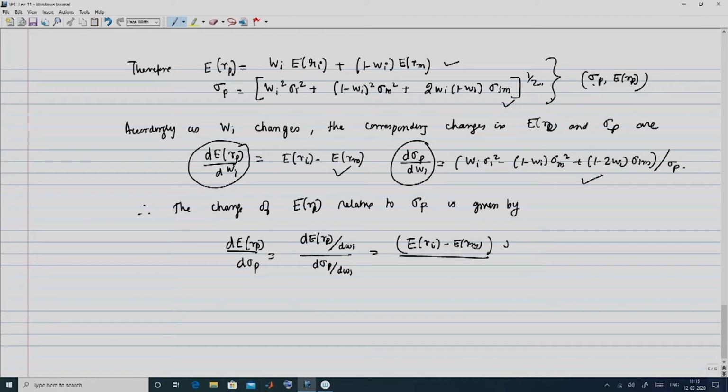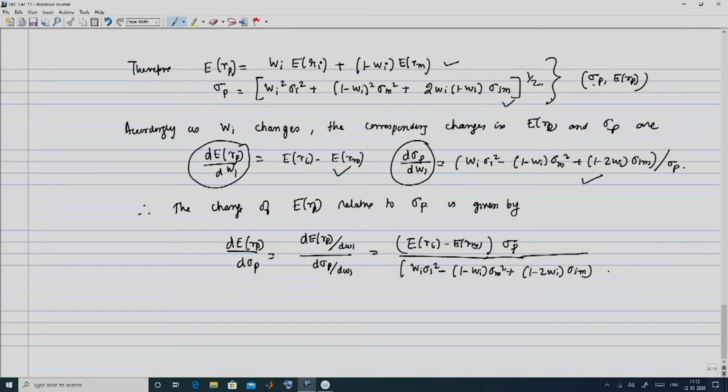So, the sigma P will come to the top and the denominator will have W I sigma I square minus (1 minus W I) sigma M square plus (1 minus twice W I) sigma I M.